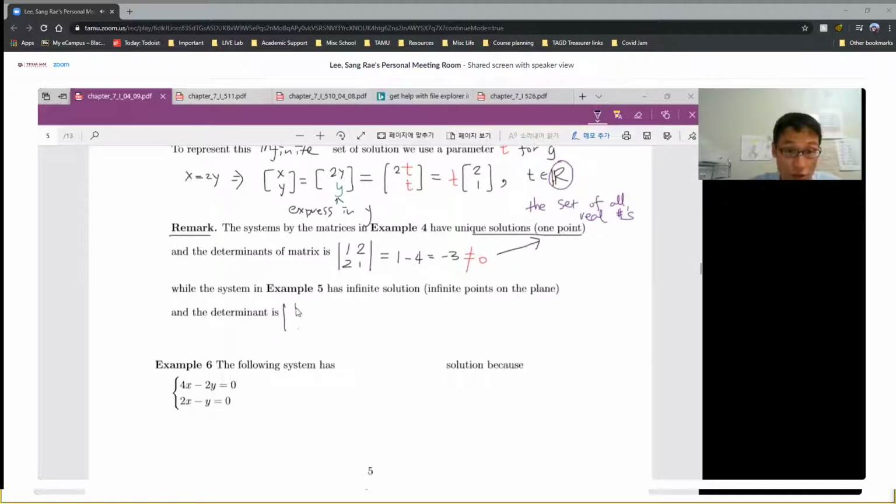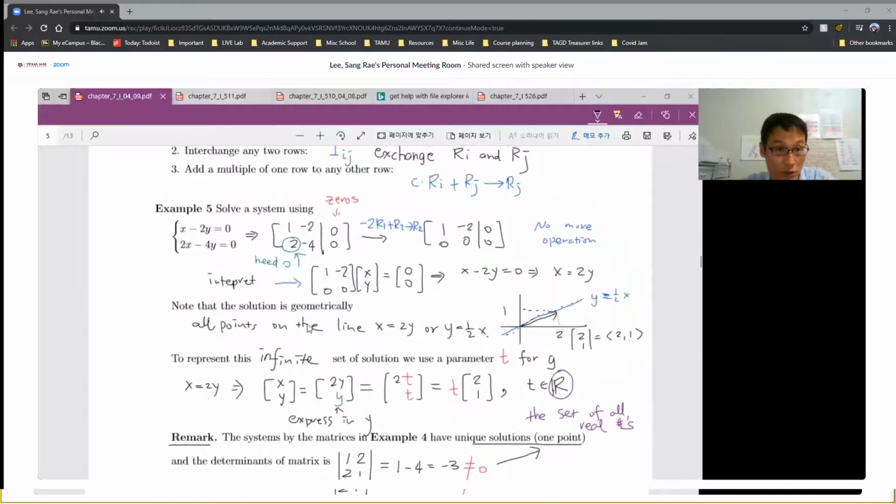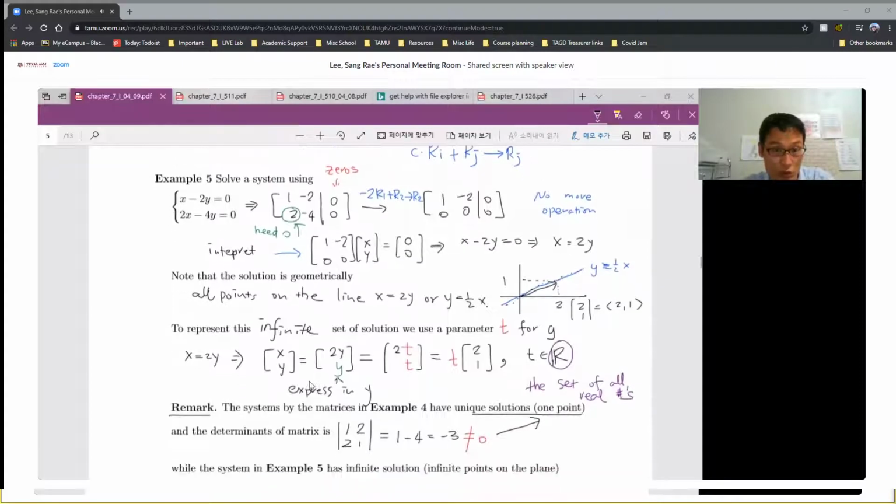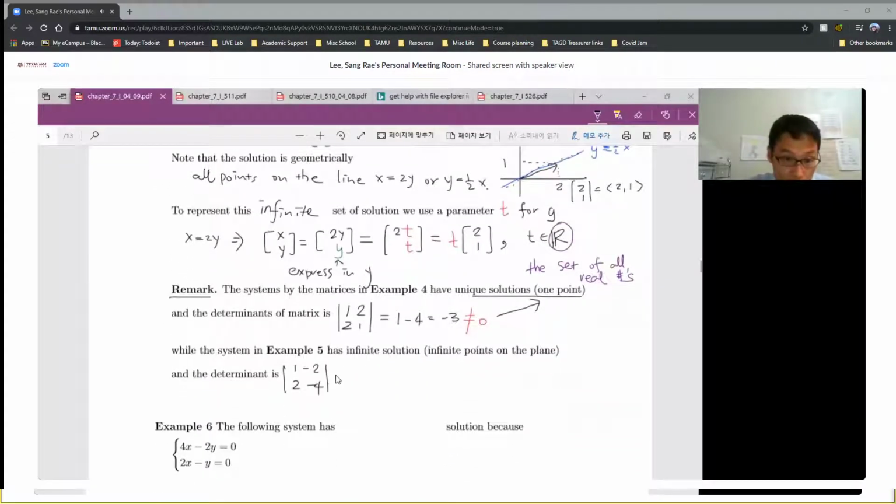1, negative 2, 2, negative 4. I mean, the previous example, 1, negative 2 to negative 4. The determinant is negative 4 plus 4, 0.